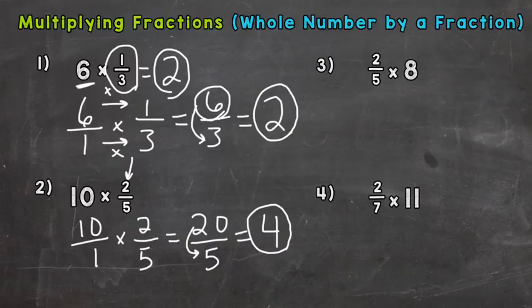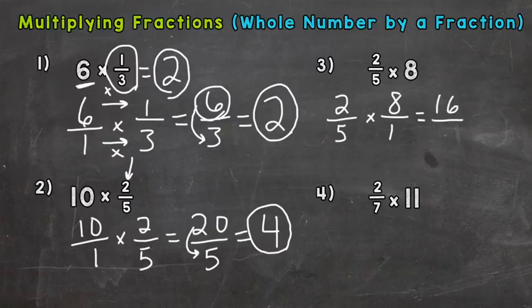Let's go to number 3. 2/5 times, put 8 over 1, so we have a top and a bottom, and then multiply straight across. 2 times 8, 16, and 5 times 1 is 5. Again, we have an improper fraction, so we need to do 16 divided by 5.